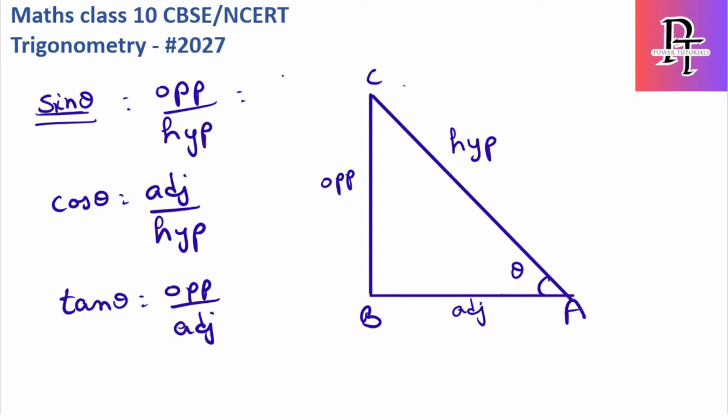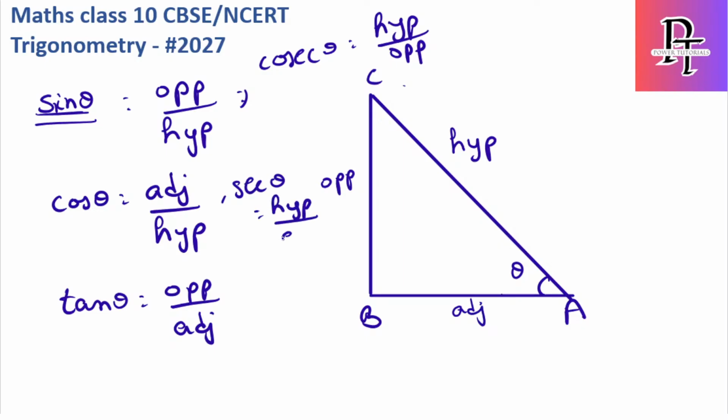So cosecant theta is hypotenuse by opposite side. Secant theta, because it is the inverse of cos, is hypotenuse by adjacent side. The last one, cot theta, is the inverse of tan theta, which is adjacent by opposite side.